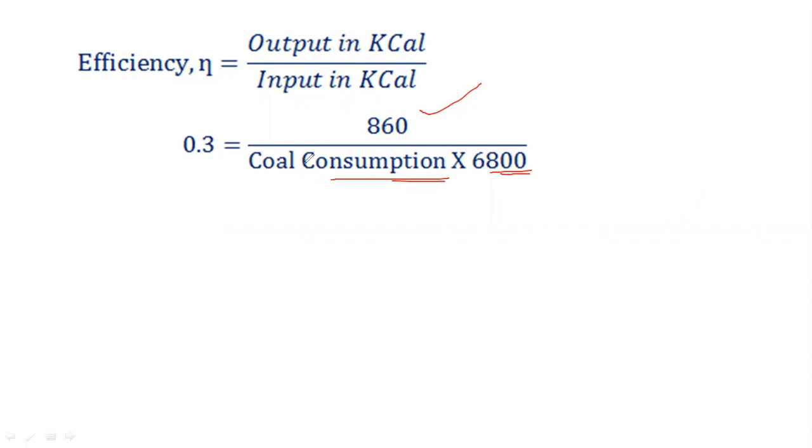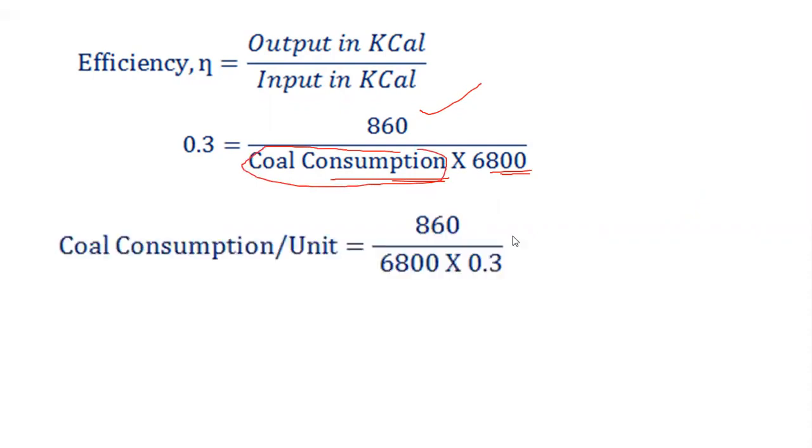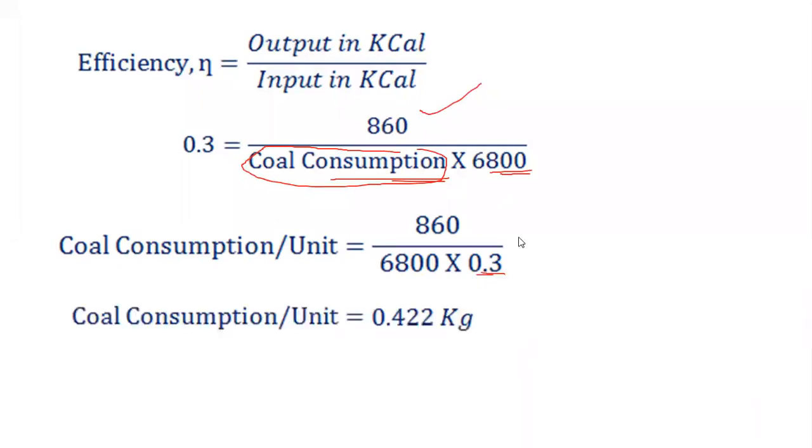Now we find the coal consumption by cross multiplication: coal consumption per unit equals 860 divided by 6,800 times 0.3. Simplifying this equation, we get 0.422 kg. This much coal is utilized to generate 1 unit in the particular power plant.